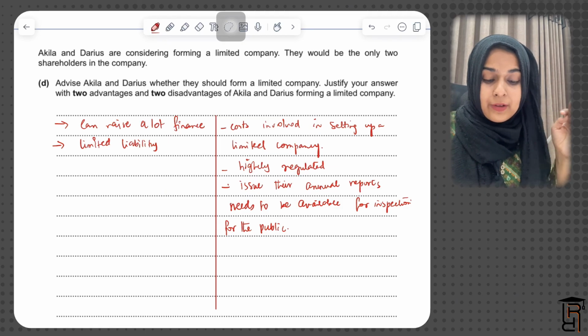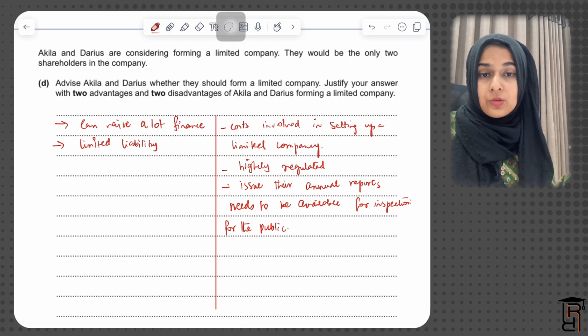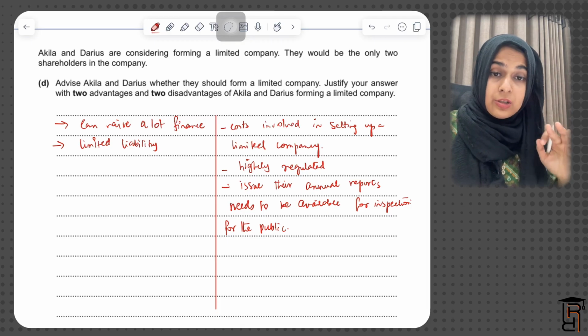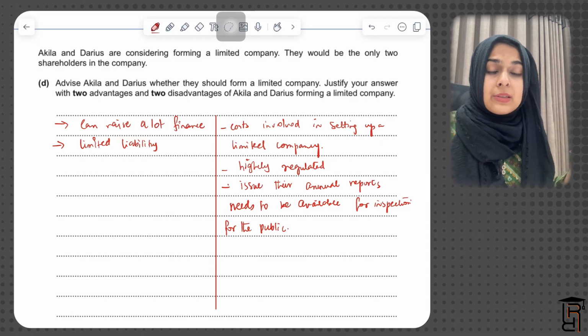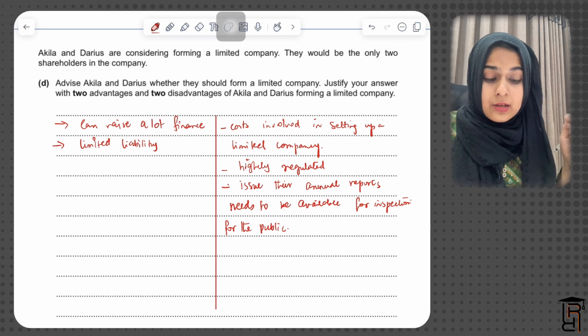You need to give a recommendation also to Akila and Darius. You can say yes, they should form a limited company because they can raise more funds and grow more as a business. Or whatever your opinion is, if you think that they should not go for this decision, you can give it. And that's it for this question.